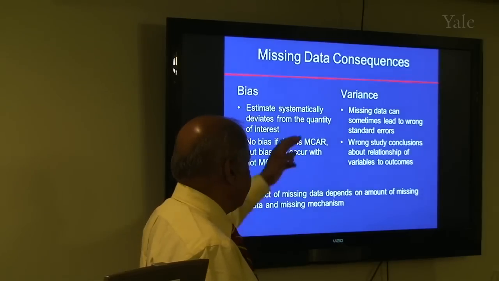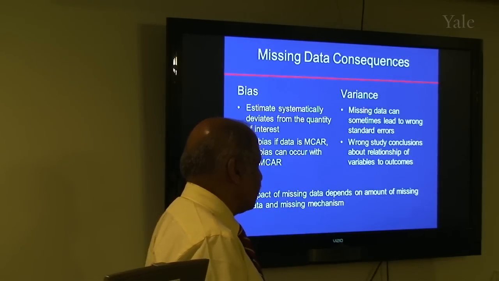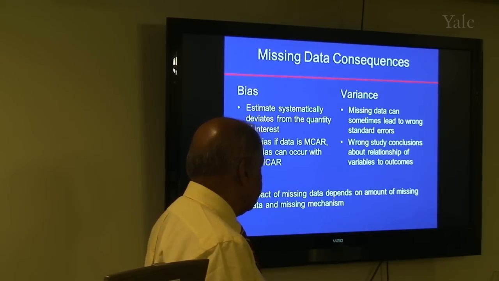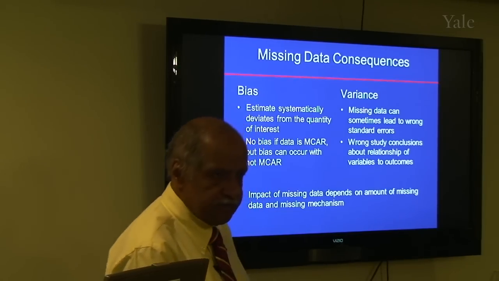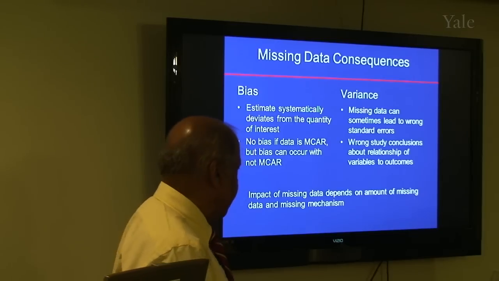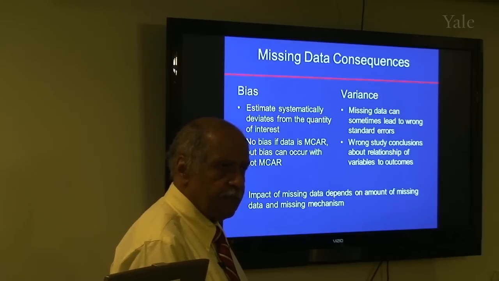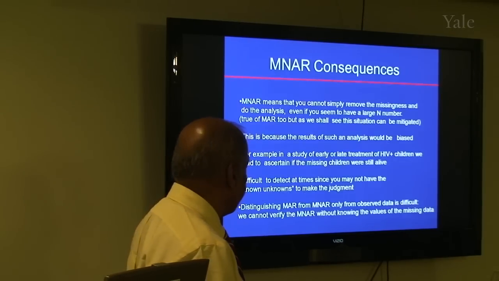And especially the variance, it can change the standard errors, which of course is what anchors most statistical analysis. So you're in trouble there, and of course, wrong study conclusions, okay? And the impact of missing data depends on the amount of missing data and the mechanism of missingness, these three.